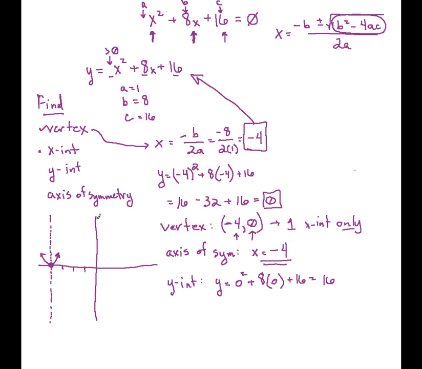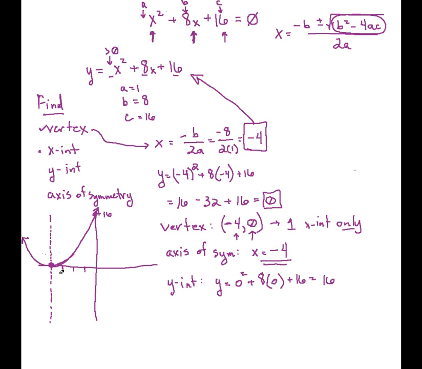So way up here at y equals 16, that is where this is going to hit the y-axis. It's not going below the x-axis, just grazing and going back up in this direction. It's actually going to look something like this. Let's clean that up a little bit.